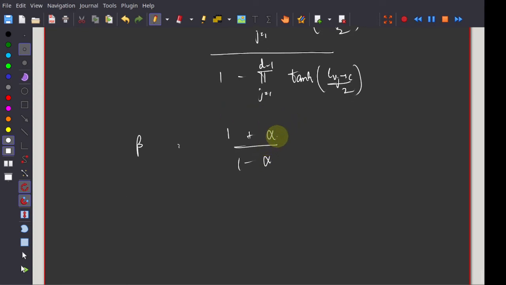Okay, so what is alpha going to be equal to in terms of beta? In terms of beta, as a function of beta.